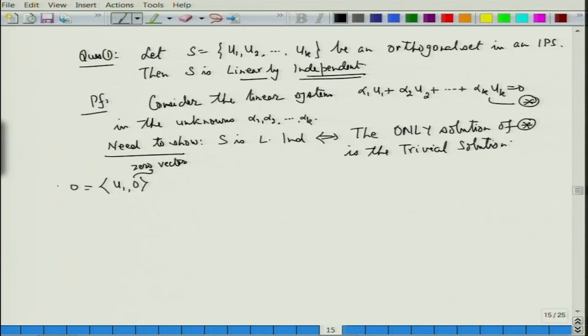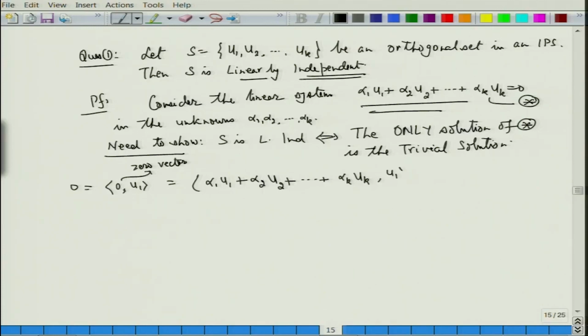I think I had written it correctly earlier: the inner product of 0 and u1, where this is my zero vector. This is the same as looking at alpha 1 u1 plus alpha 2 u2 plus alpha k uk, which is the zero vector, with inner product with u1.